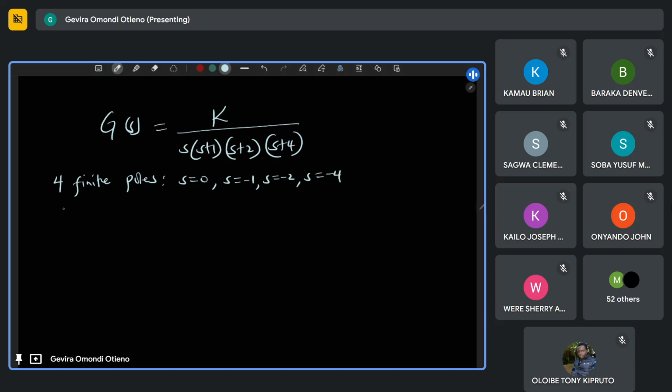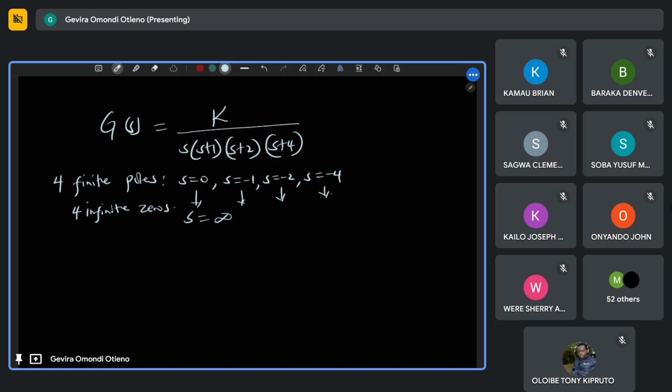And so we expect to find, we don't have any finite zeros, but we just expect to have 4 infinite zeros, so that each of these poles can terminate at those infinite zeros. So S equals to infinity, because we don't know where they are, in what quadrant they exist, but the asymptotes can tell us.